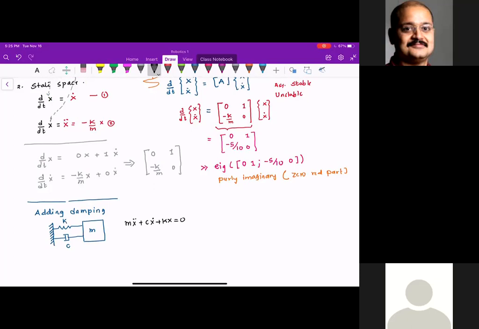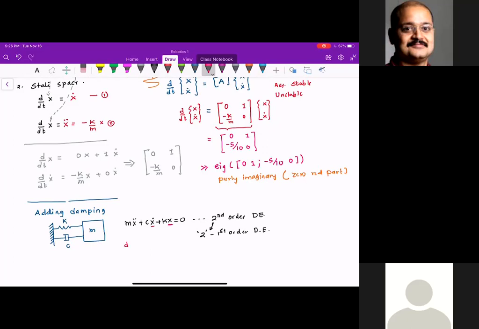And if you were to write this equation in state space, please note this is a second order differential equation. One second order differential equation will give you two first order differential equations. In state space, you start with the lowest variable, which is x, that has zero derivative, and then its first derivative, which is x dot.